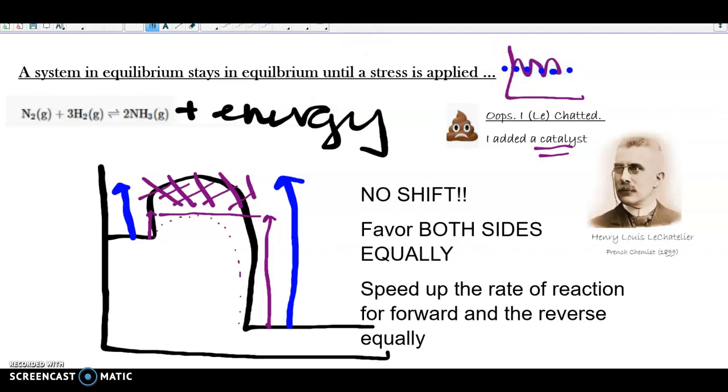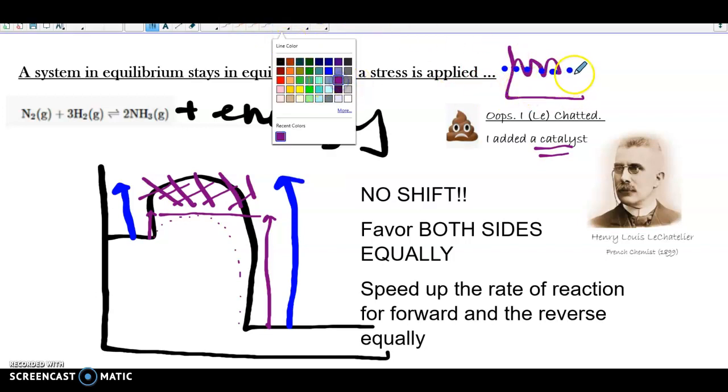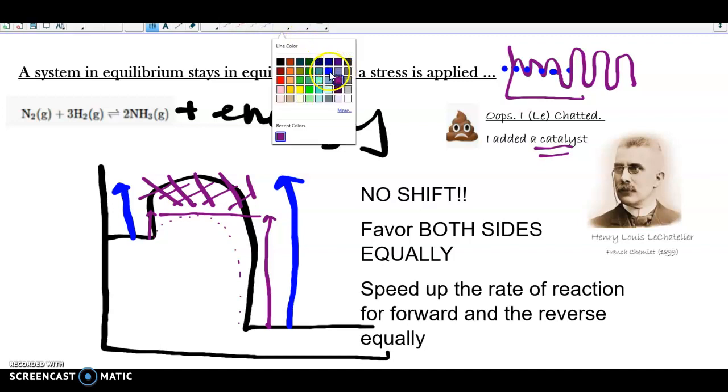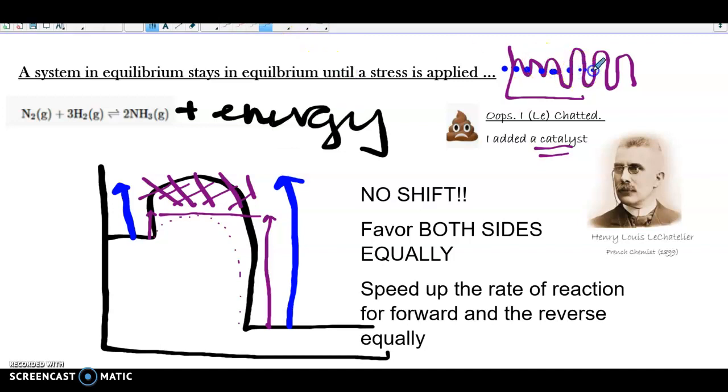And then you throw a catalyst in here. Well, you're still going forward. You're still going backwards. But you're changing the rate equally. And there's no overall change to the equilibrium because both of these are being affected in the same exact way.